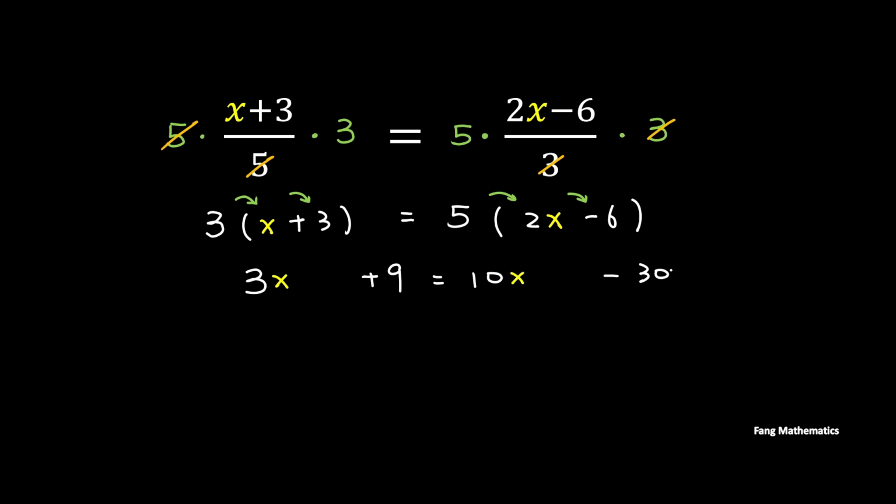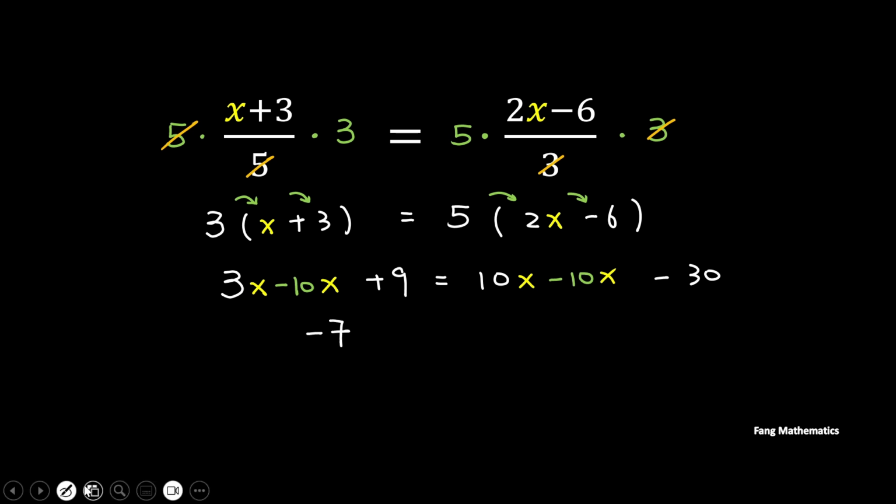minus 30. Our next step is to bring the 10x to the left. So minus 10x. If you look at the left, 3x minus 10x, I believe that should give you minus 7x plus 9 equal to the 10x, and minus 10x gets eliminated, giving you minus 30.